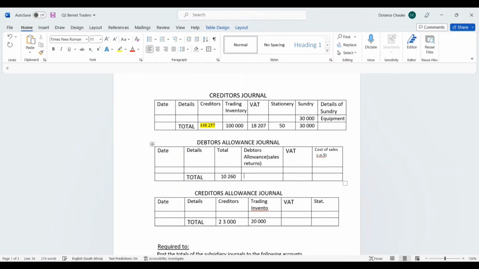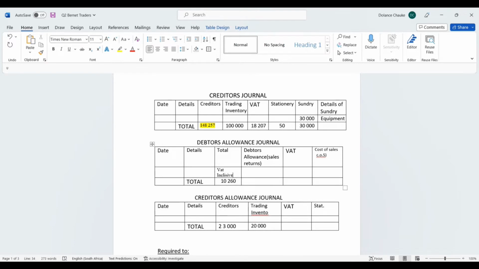Okay, so let's calculate this one of debtors allowances. They only gave us the total, right? And remember, I said to you, the total is sales or sales returns plus VAT, since it's a debtors allowances account. But when you check, they did not give us anything, they only gave us the total. So this total is VAT inclusive.